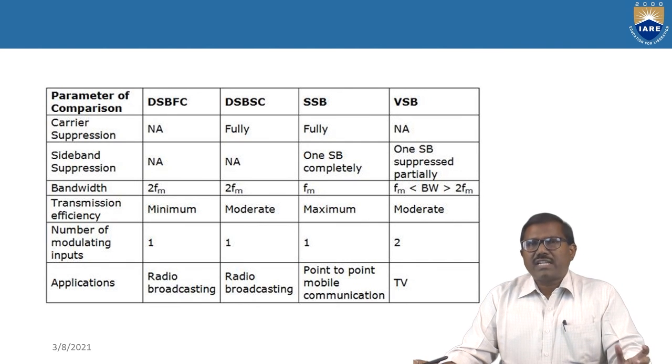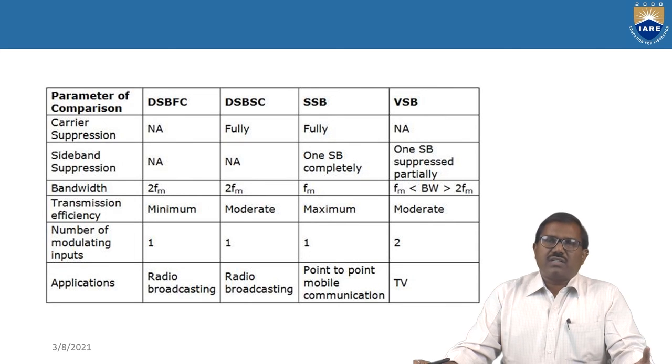Another is transmission efficiency. Here the maximum transmission efficiency is in SSB. And the remaining are moderate: DSB-SC is also moderate, VSB also moderate. And the efficiency is very less in standard AM.